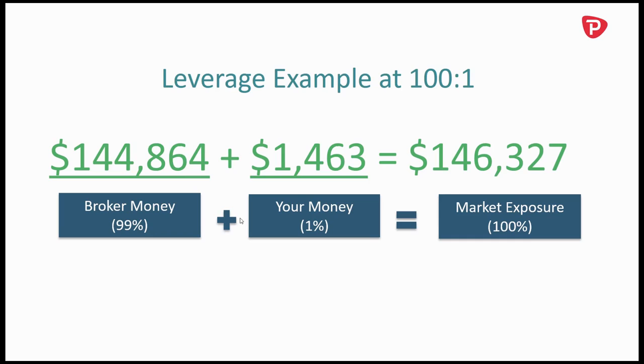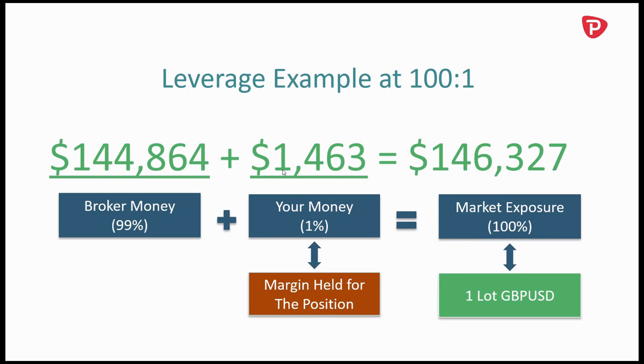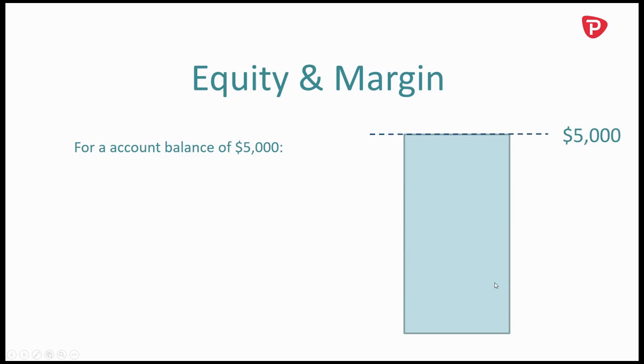We do this by borrowing 99% of the exposure and providing 1% of the exposure, or in this case, 1,463 US dollars in our trading account. This 1% represents the margin held to have this position open of one lot of Great British Pound US dollar. So let's now take a look at how this looks in a standard trading account with Pepperstone of $5,000.